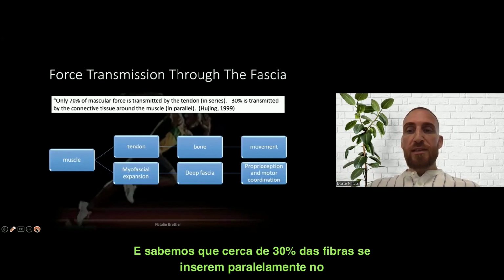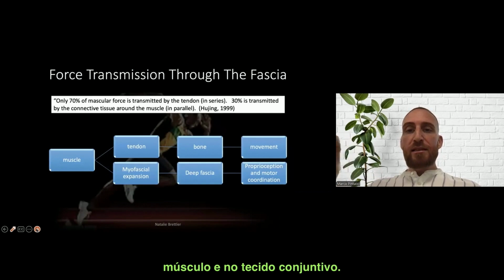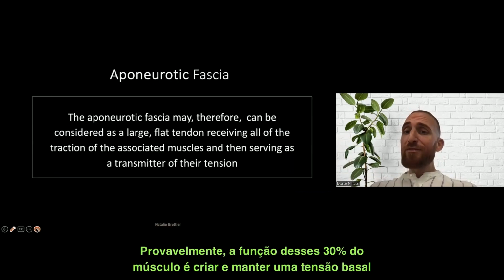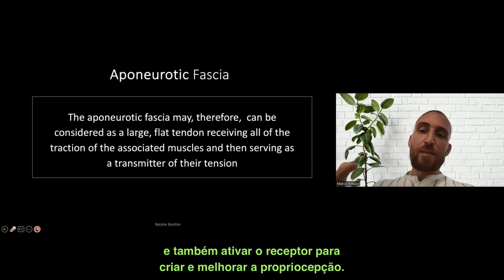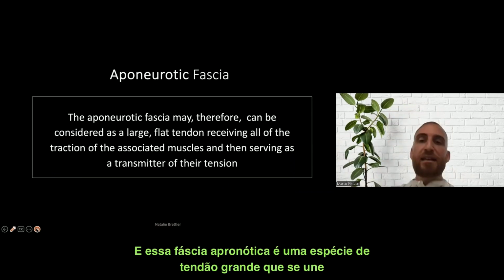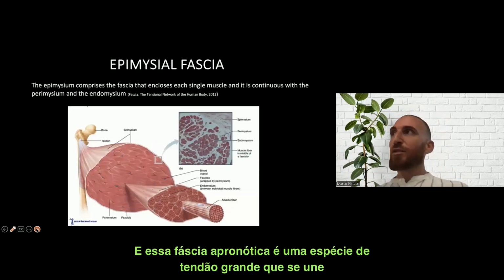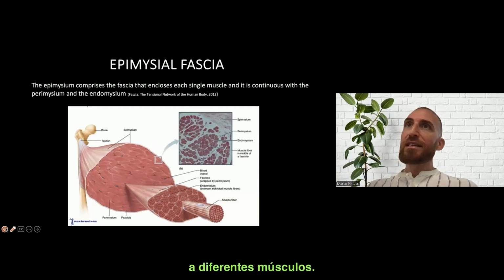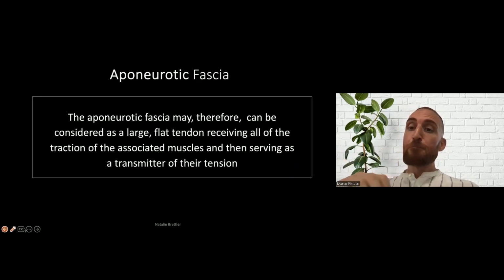We know that around this 30% of fibers insert in parallel through the muscle and connective tissue. Probably the function of this 30% is to create and maintain a basal tension and also activate the receptors to improve proprioception.